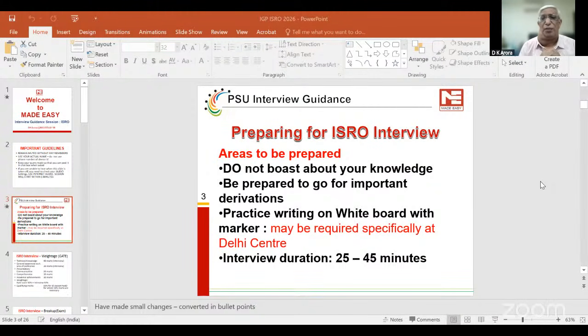एक और क्वेश्चन आता है माइंड में, क्या मुझे प्रोजेक्ट के बारे में पूछ सकते हैं? प्रोजेक्ट के बारे में BARC में तो जीरो है. I don't think any of you who have appeared for the BARC interview would have been asked about the project. In the ISRO interview, they may ask you about the project in case it is something which is connected with the work.